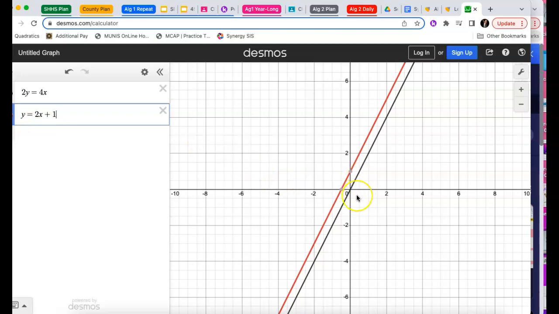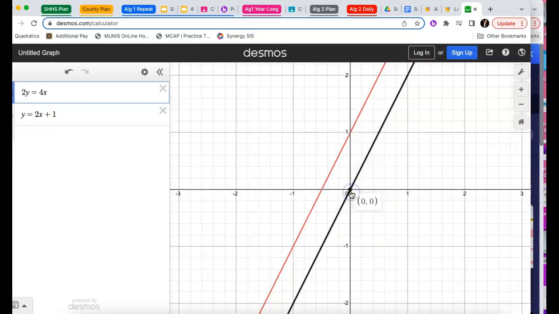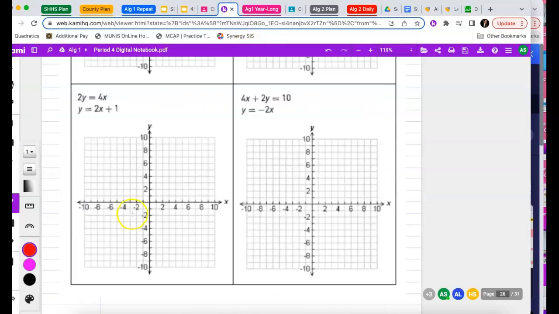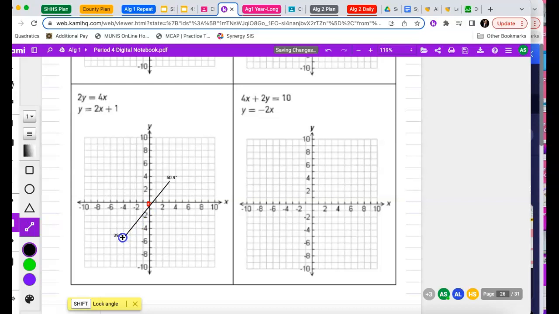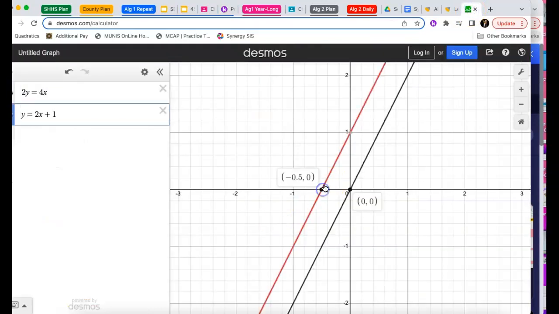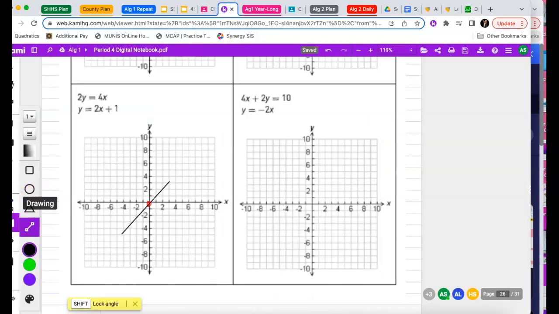Okay, I have two graphs. So my x and y intercept for the first graph is at 0. So I can draw my first line going through 0. My second line has an x-intercept at -0.5, a y-intercept at +1.